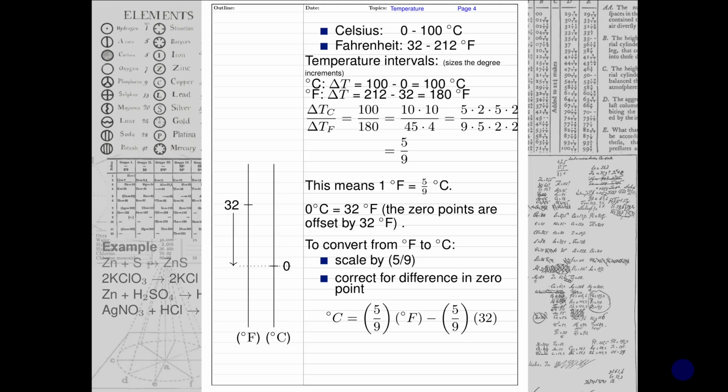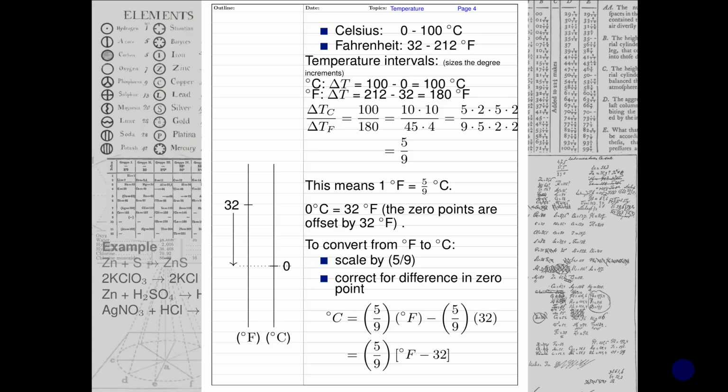Notice that both terms are multiplied by 5/9 because both the temperature and the offset need to be converted from the Fahrenheit scale to the Celsius scale. We can simplify this expression by factoring out the common factor of 5/9. And this final equation is the equation to convert degrees Fahrenheit to degrees Celsius.